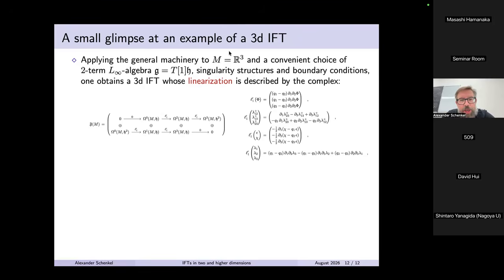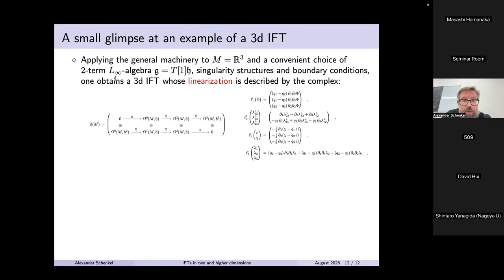When you apply the general machinery to M, the 3-dimensional Minkowski spacetime, and simple choices, I mean that the structure L-infinity algebra is just the shifted tangent L-infinity algebra of an ordinary one. So this means that you have h in degree 0, h in degree -1, no differential, and the bracket as usual on that. So this is a very simple example of an L-infinity algebra.